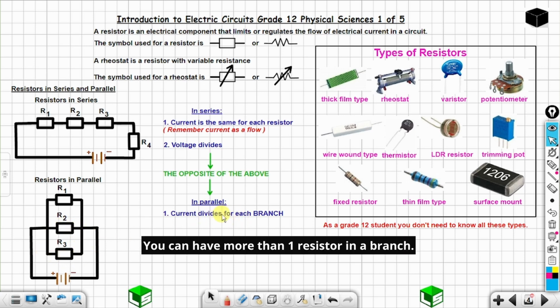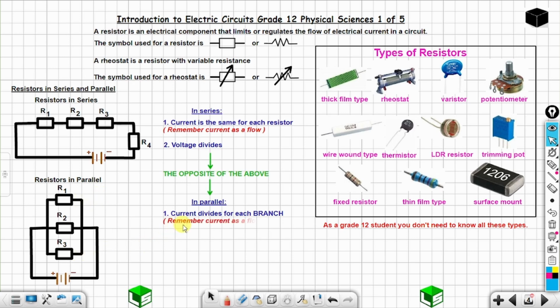We don't say for each resistor because in one branch you can have more than one resistor. Remember current as a flow. So when current meets a junction, the current divides or splits. Part of the current goes this way, another part goes this way, and another part goes this way.